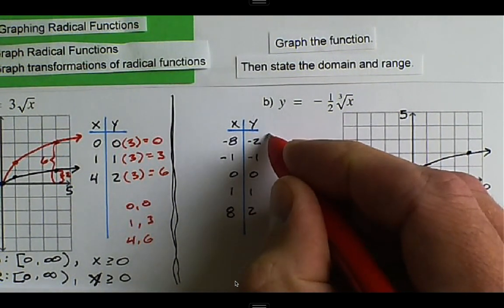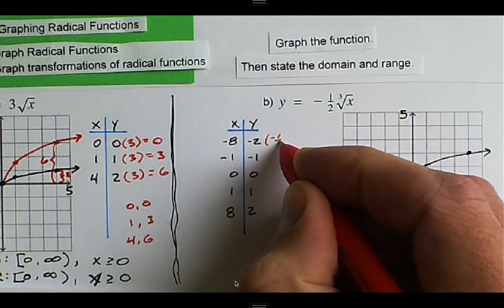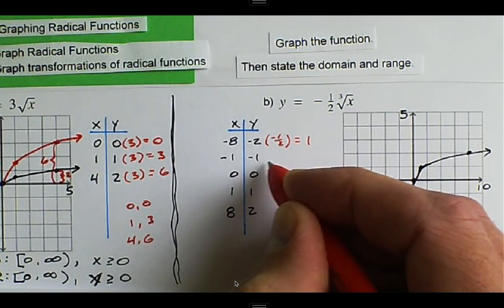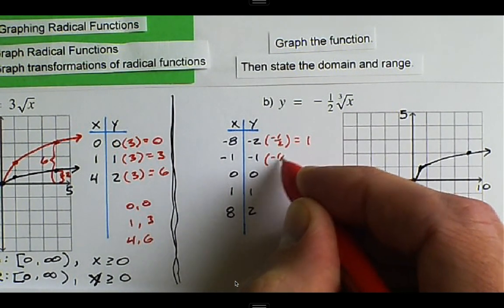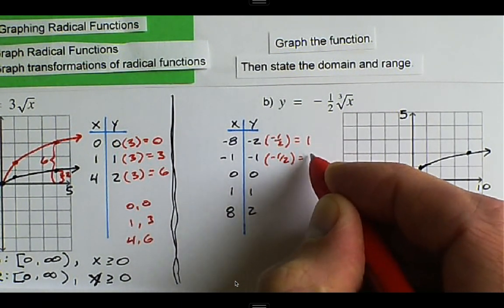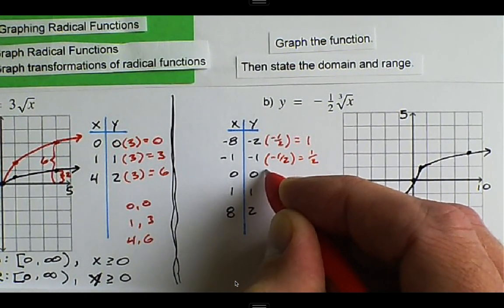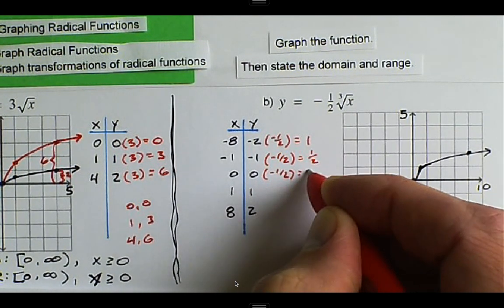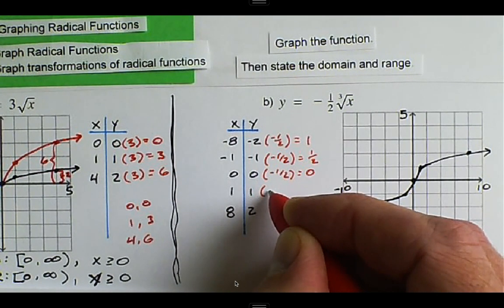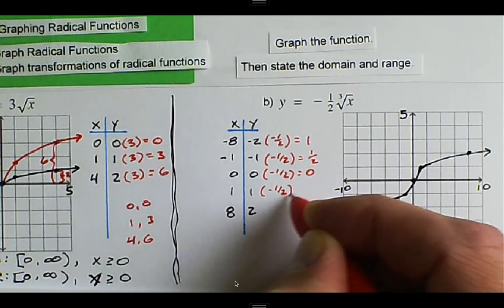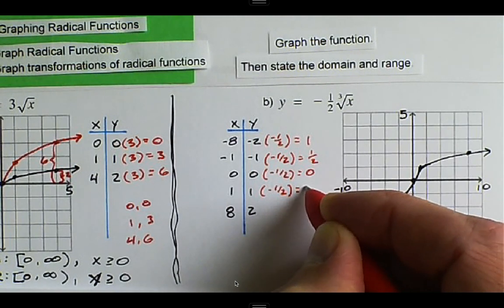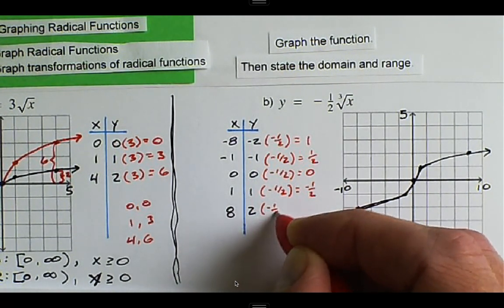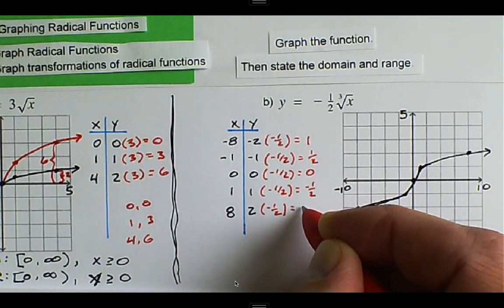So -2 times -1/2 becomes 1. -1 times -1/2 becomes 1/2. 0 times -1/2 is still 0. 1 times -1/2 is -1/2. And 2 times -1/2 is -1.